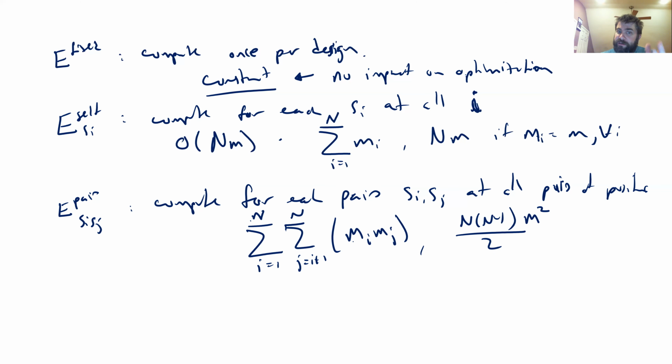And as we discussed in the last lecture, this piece, which is order n squared m squared as a rough estimate, is expensive but not infeasible. It's within the realm of possibility for our problems.